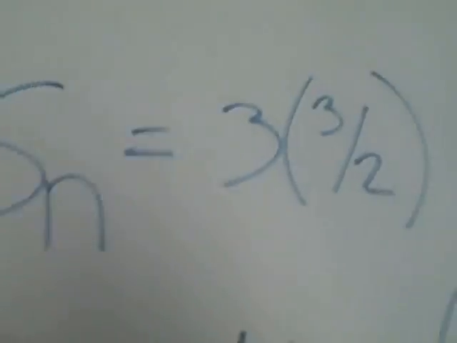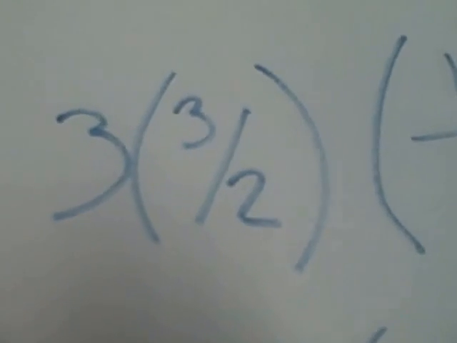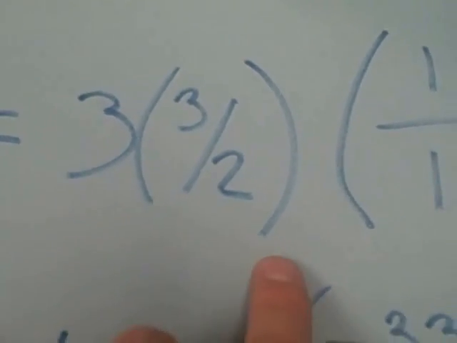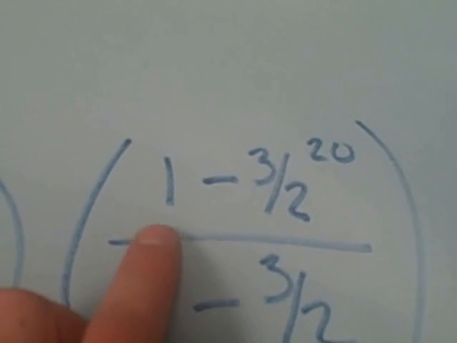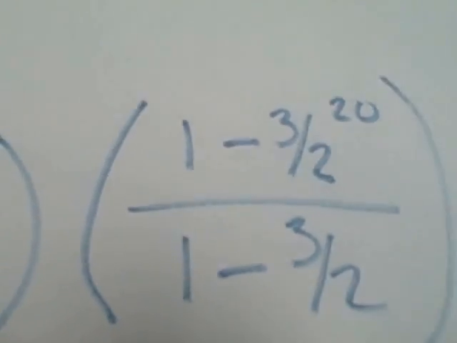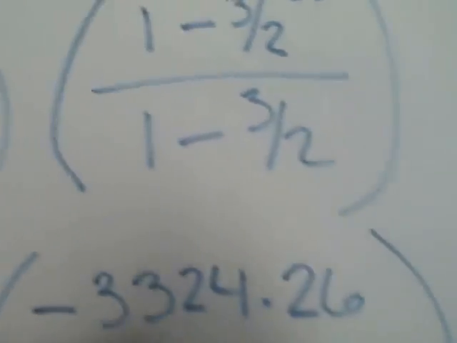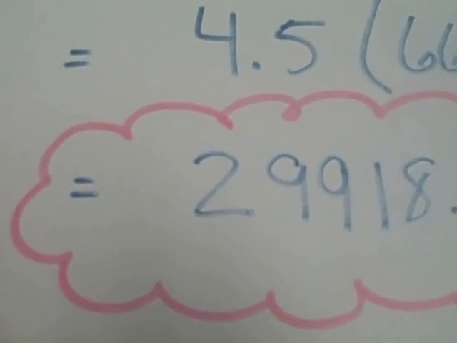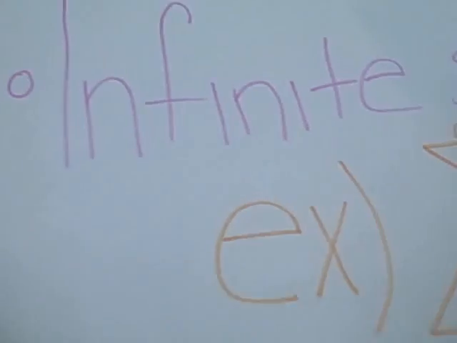So we would plug it in: our a1 would be 3 times 3/2, and 1 minus our ratio to the nth power, which is 1 minus 3/2 to the 20th power, over 1 minus our ratio, which is 3/2. And when you do the math, you get 29,918.34.